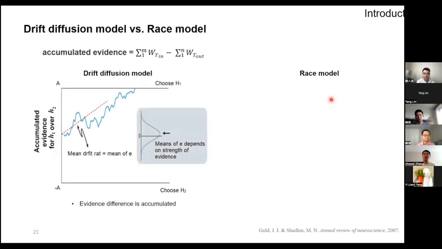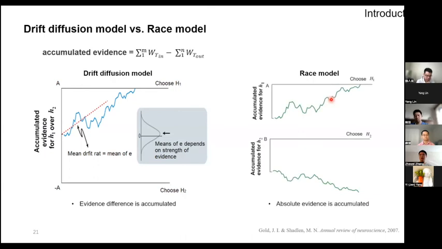In the drift diffusion model, as I mentioned, one integrator accumulates the evidence difference between two alternatives. However, the race model assumes there are two independent integrators, and each of them accumulates the evidence related to one option. The decision is made when one of two boundaries is hit.